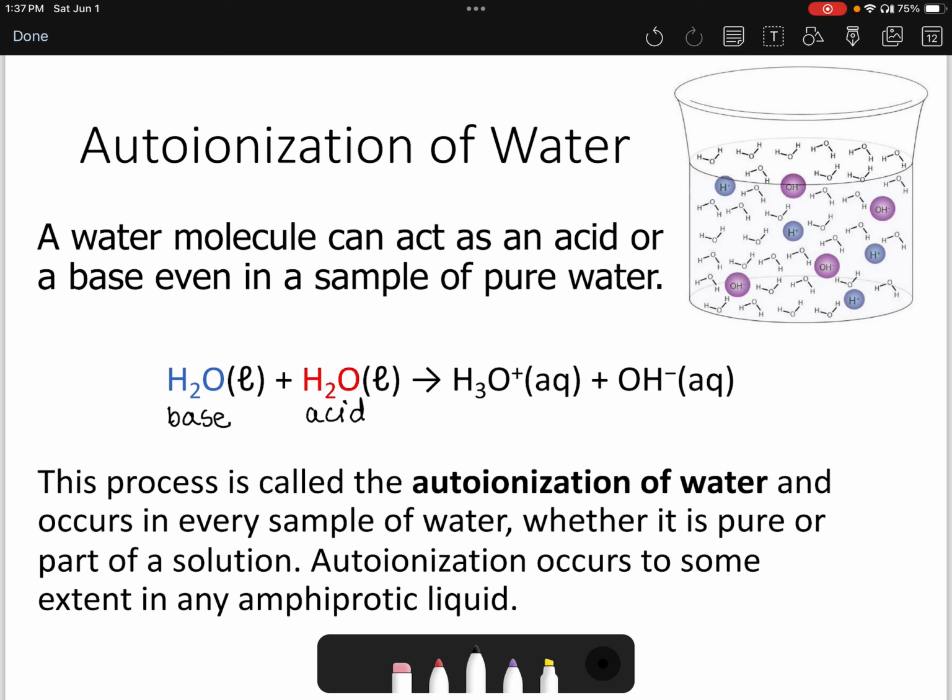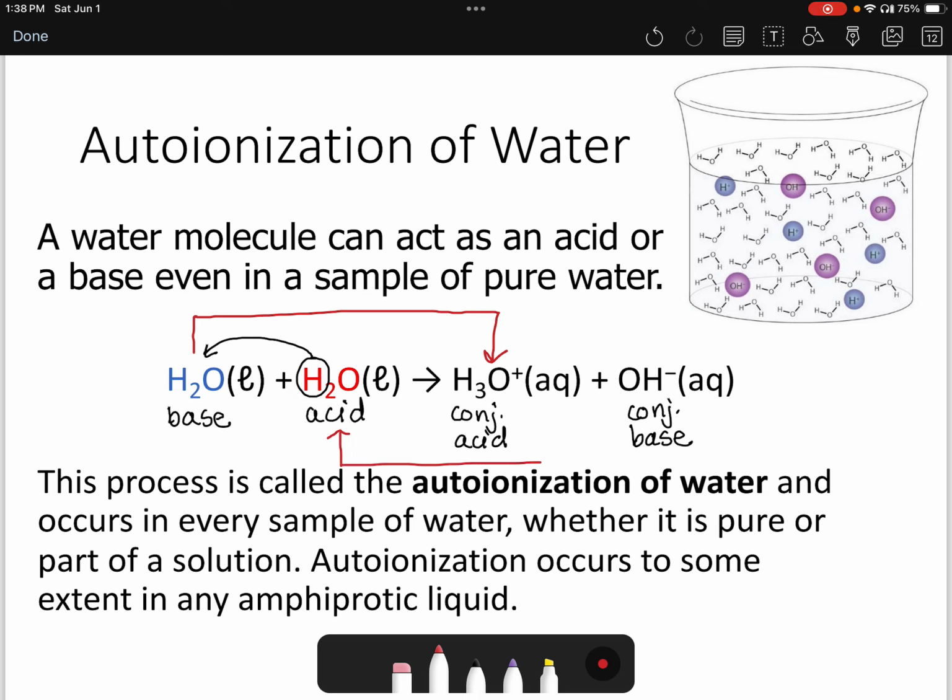So the water molecule that's acting as an acid can give its hydrogen ion to the other water molecule, and we end up forming the hydronium ion, so the conjugate acid, and the hydroxide ion, the conjugate base. So our conjugate pairs: the basic water molecule is forming the conjugate acid. The acidic water molecule is forming the conjugate base.